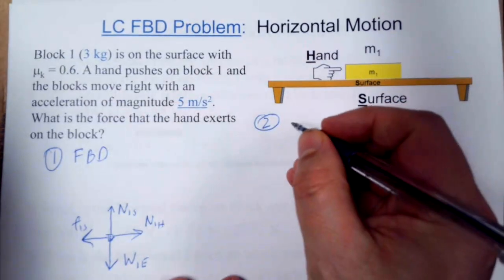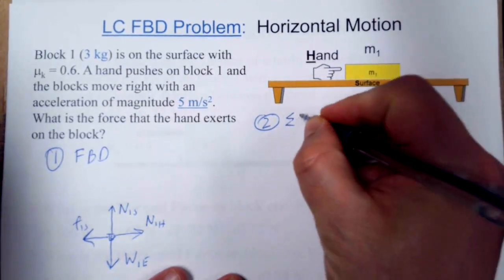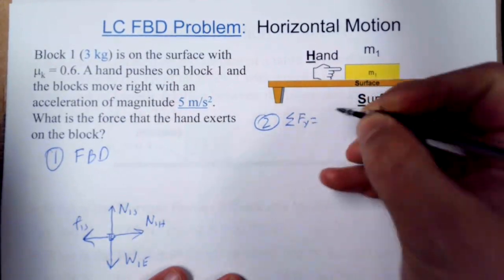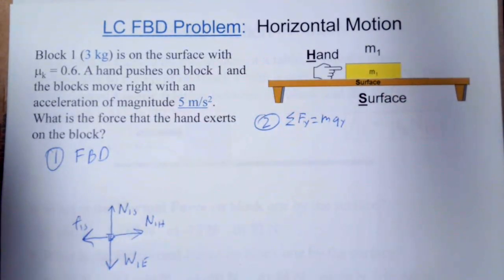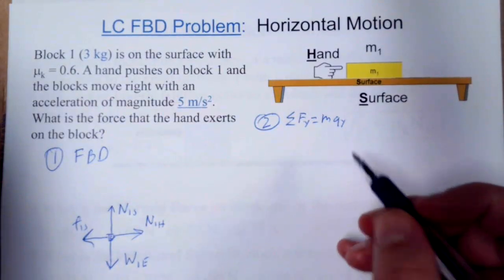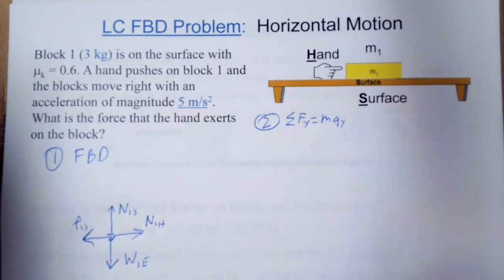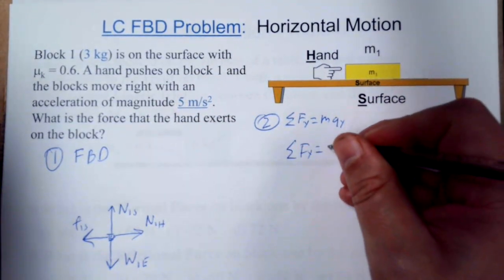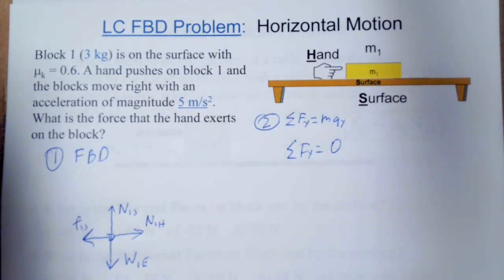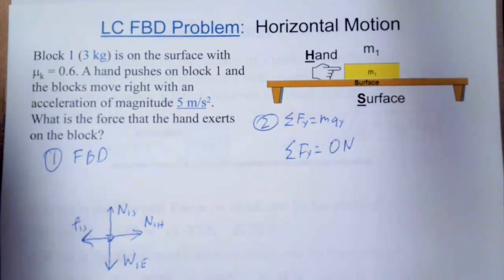So the sum of the forces in the y direction is equal to the mass times acceleration in the y direction. The acceleration in the y direction is just 0, since the block is on the surface, on the shelf here, so the sum of the forces in the y direction is equal to 0 newtons. What other forces do we know?